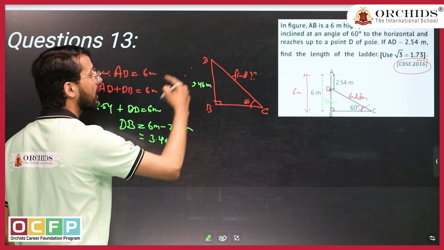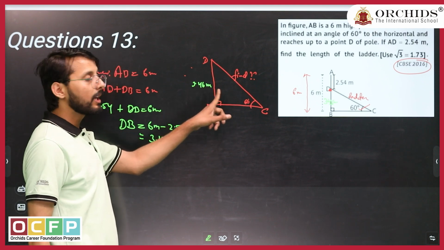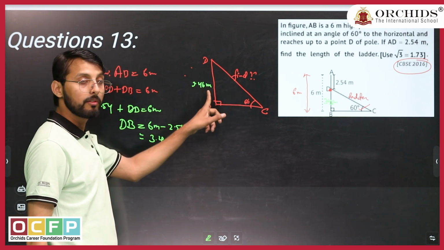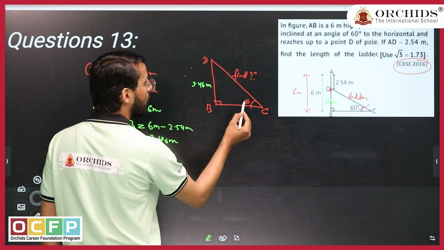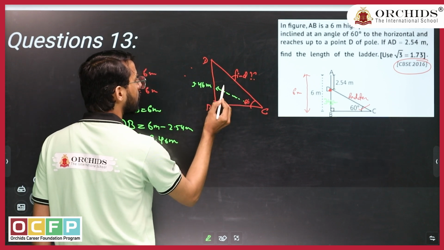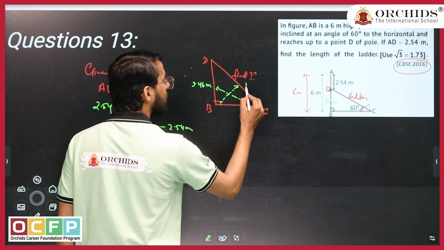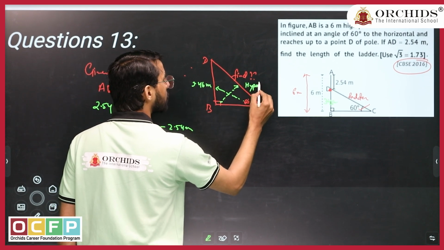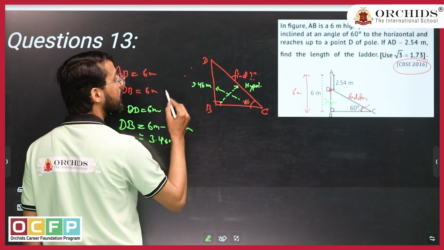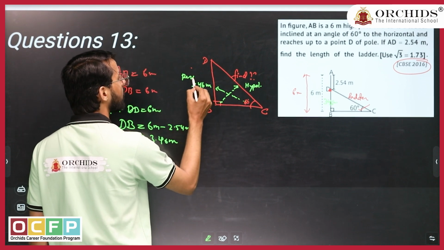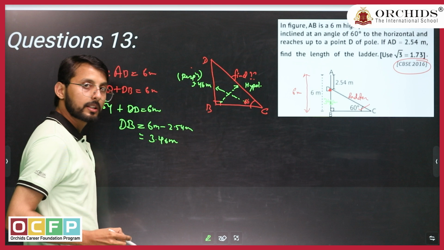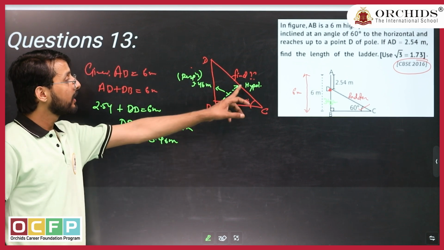Now we know this triangle. You know one angle, 60 degrees, one side we know, and this we have to find. Opposite of 90 is the hypotenuse, and opposite of the elevated angle is the perpendicular. Correct? Now we have to find this.